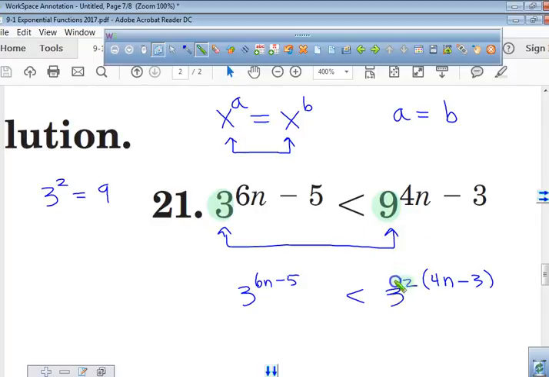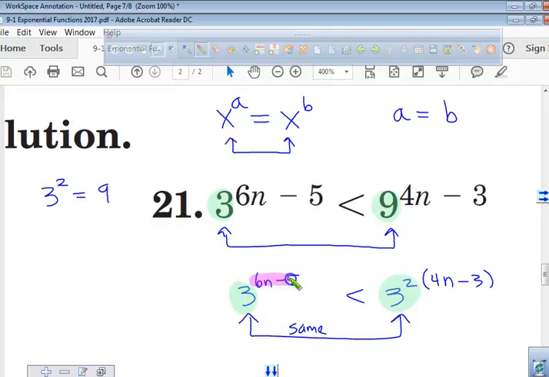Hopefully, you guys can see that 9 is 3 squared, and 3 is still just the number 3. Once you have done this, now do we have the same base? You're right. They are the same. Since they are now the same base, we can set this exponent right here less than this one right here.